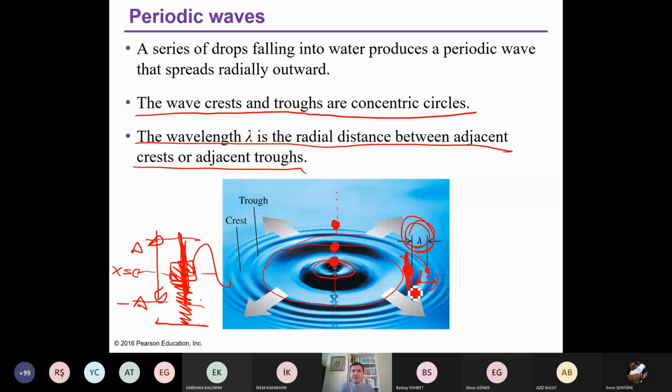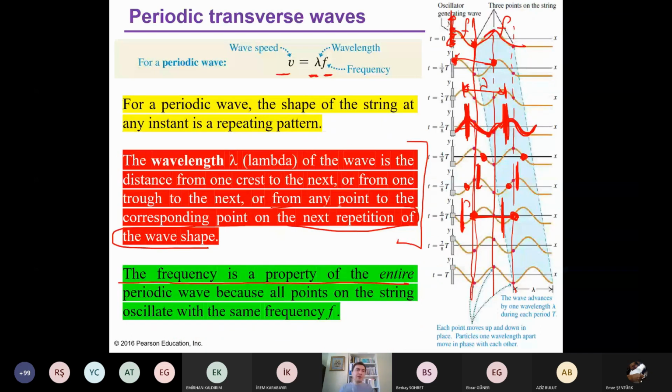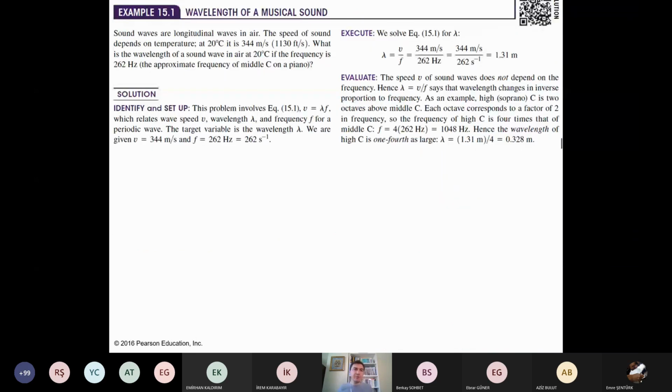Periodic motion. And here on the string, if you have a particle on the left side, this particle will move up and down with some certain amplitude, okay? It has periodic motion. Now let me continue with example 15.1 from the book, Wavelength of a Musical Sound.